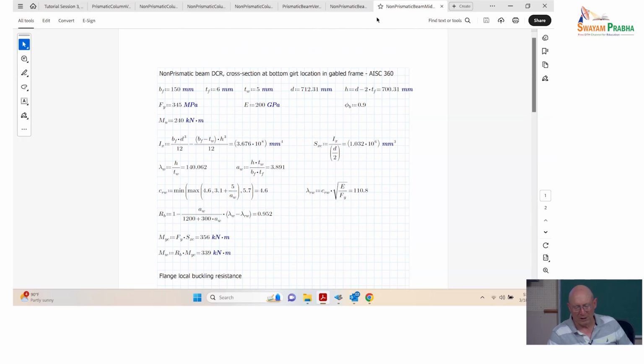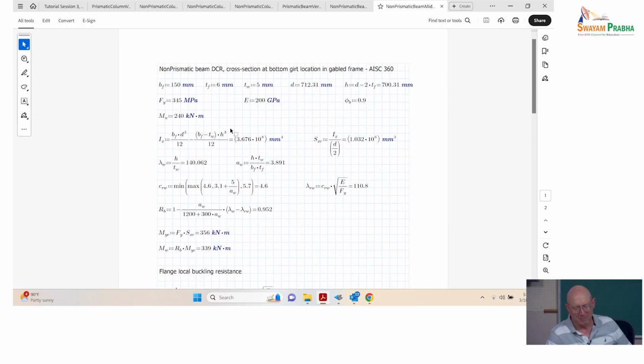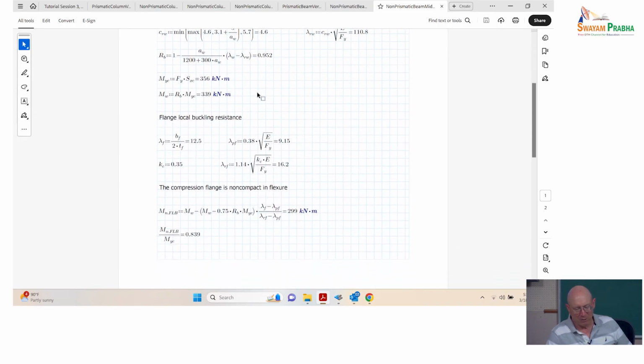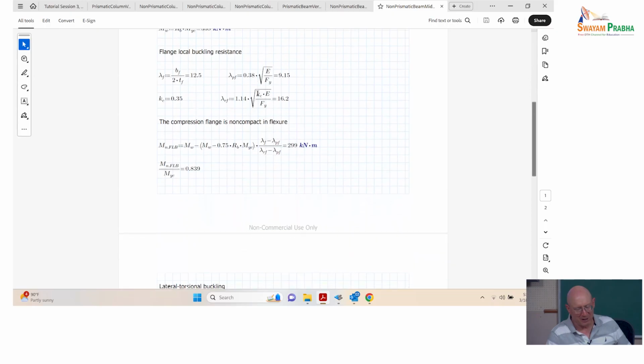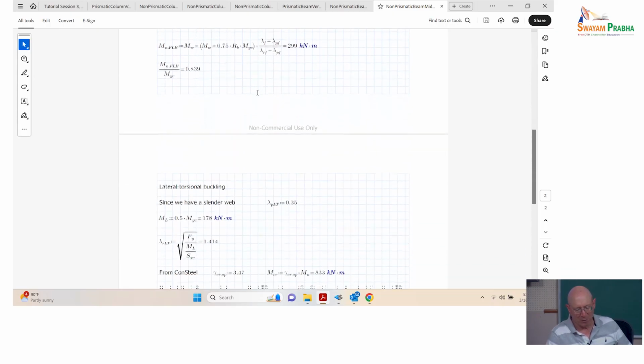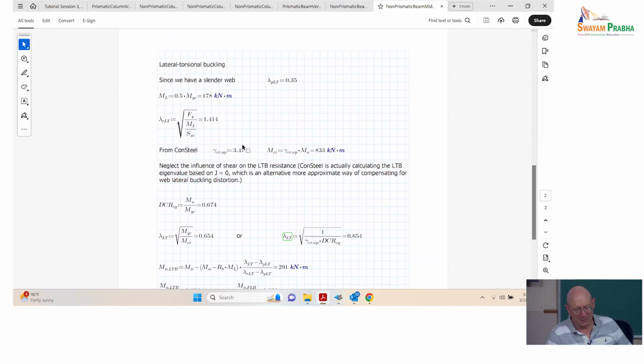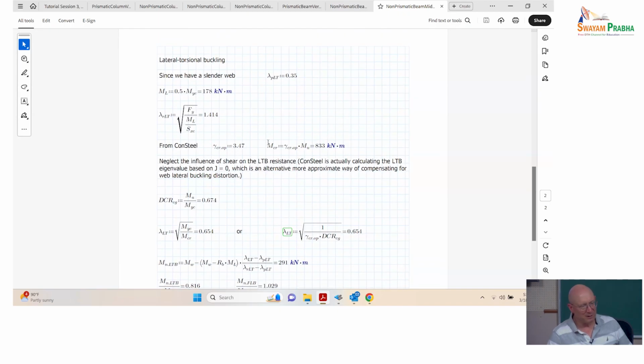Just for a quick illustration, taking more of the Design Guide 25 approach, let me check the cross section at the girt. How do things look there? And so my h is 700.31 for the depth of the web at the girt. And if we work through everything, it's the same calculations, but just done with the shallower web. Same gamma critical. And so again, what are we doing?